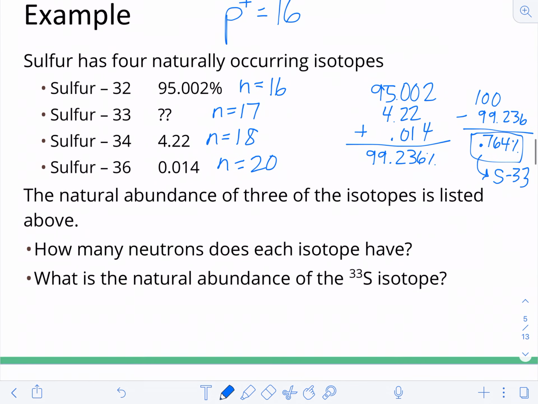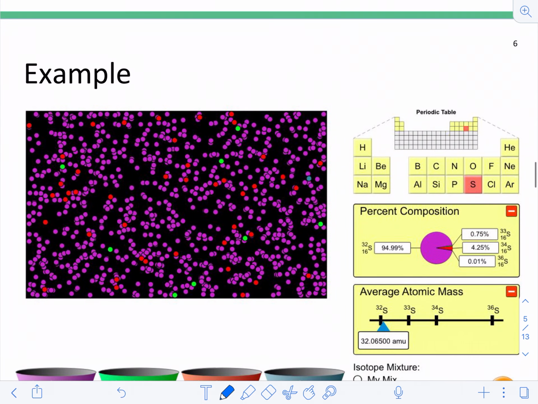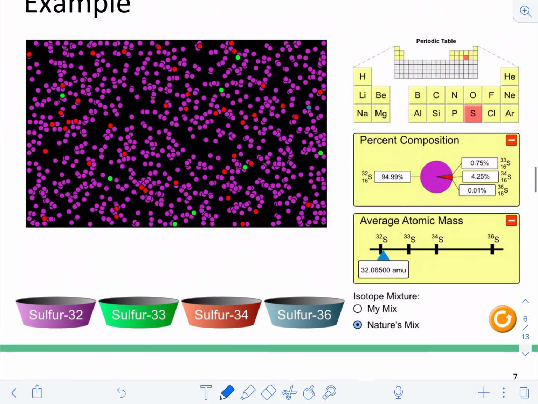All right. Now, on this next slide, it's just an example. Again, this is showing you sulfur. We can see that we have sulfur-32, those guys would be purple. Sulfur-33, these guys are green. Sulfur-34, red. And then sulfur-36, blue, which for some reason they're not really showing up here very well.